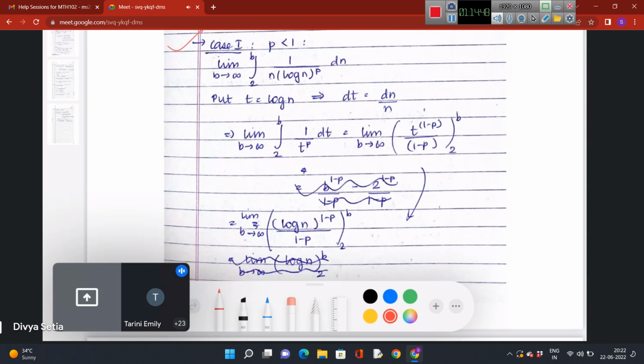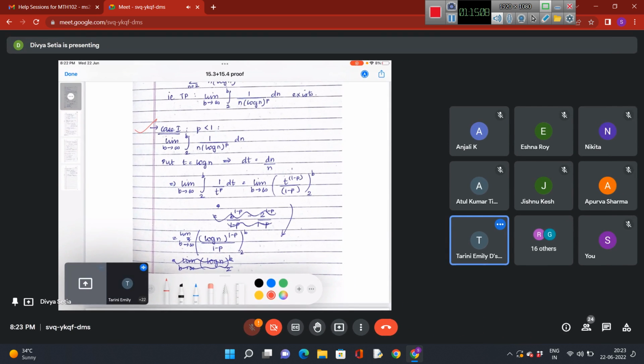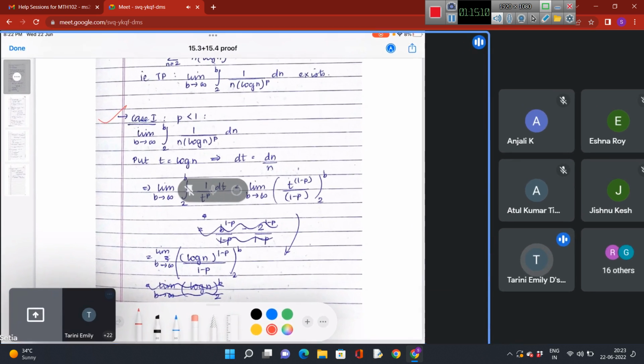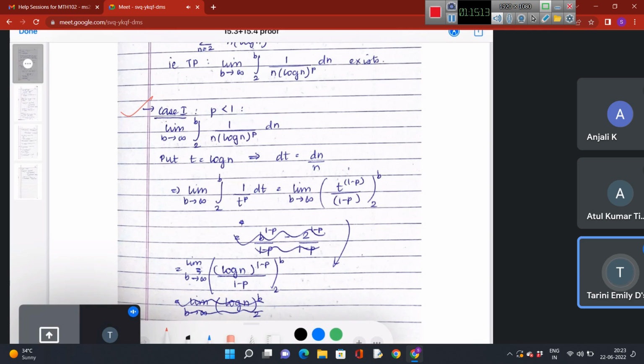If we take the derivative, we get dt equal to dn by n, which is useful because that's what remains outside the log n part in the original integral. So when we substitute t, we get 1 upon t raised to p dt.